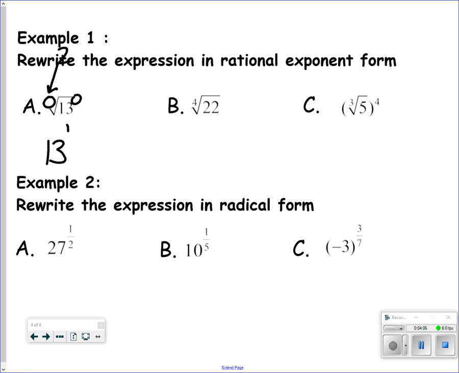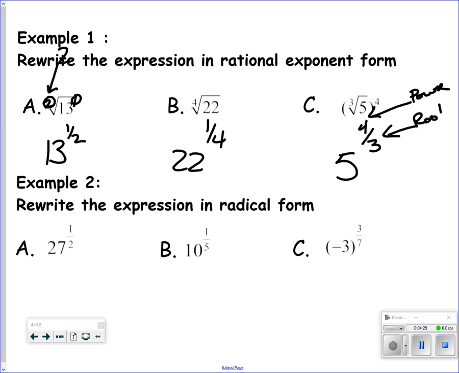So this is 13 to the 1/2 power, because it's 13 to the first, that goes on top, and the root goes on the bottom. So this is 22 to the 1/4 power, or this is 5 to the 4/3 power. Again, notice the power goes on top, and the root goes on the bottom.